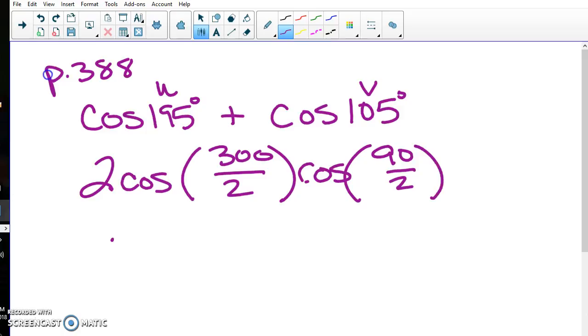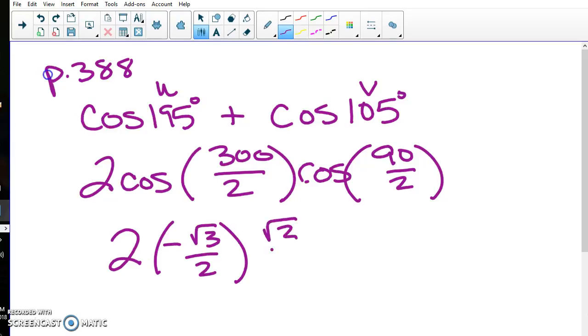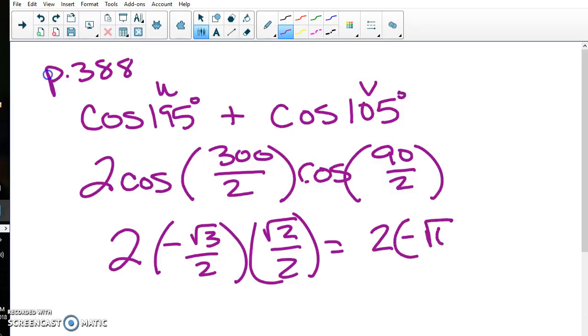This is 2, and the cosine of 150 would give us negative square root of 3 over 2 on our unit circle. And the cosine of 45 gives us square root of 2 over 2. And we find that product, we get 2 times the negative square root of 6 all over 4.